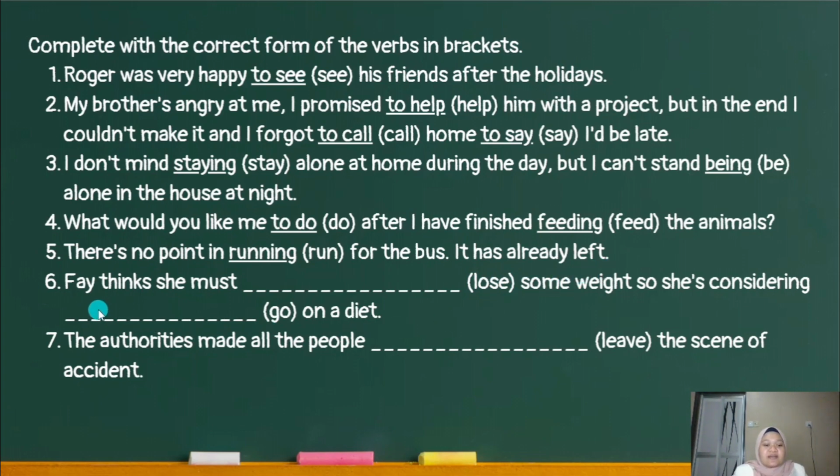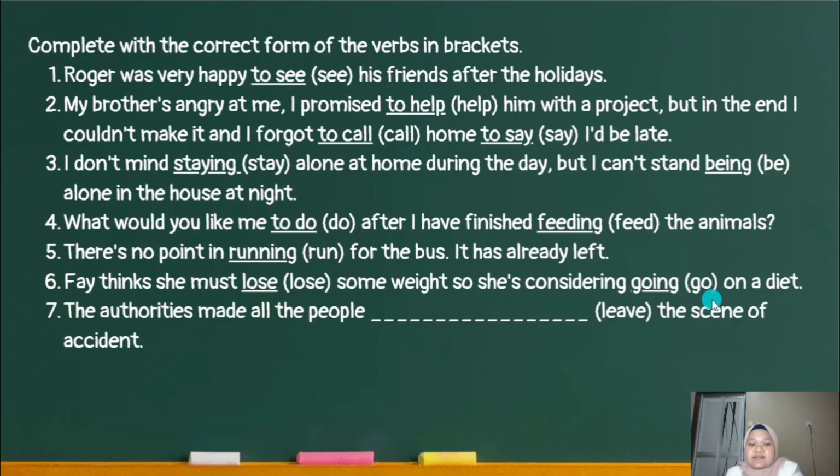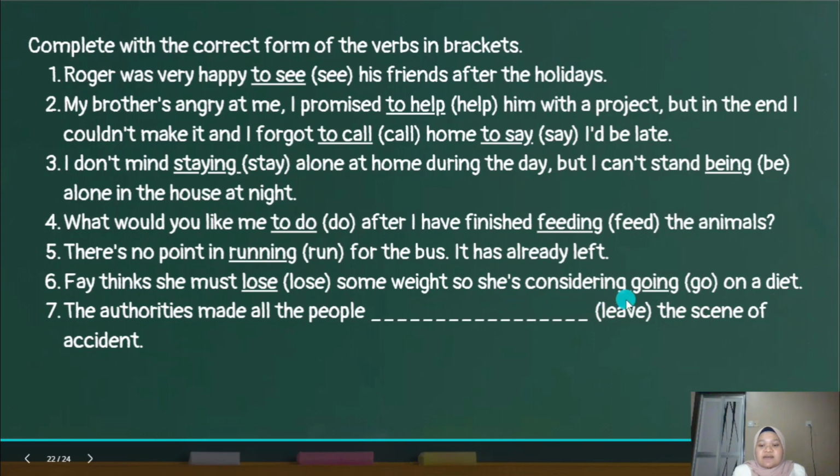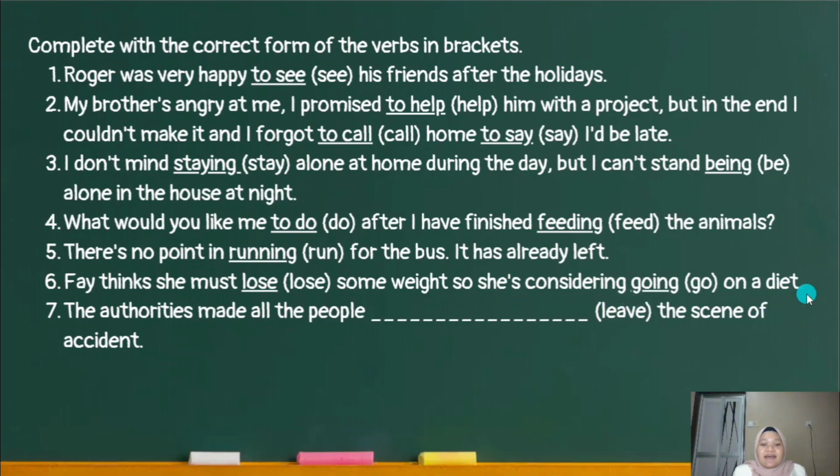Number 6, Faye thinks she must (lose) some weight, so she's considering (go) on a diet. So the answer: Faye thinks she must lose some weight, so she is considering going on a diet.